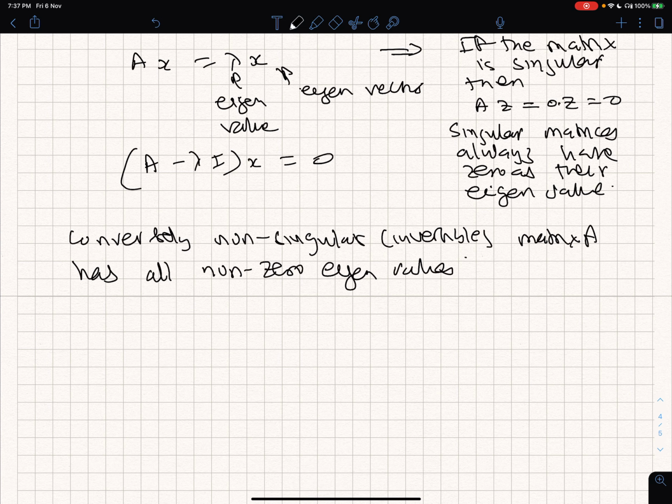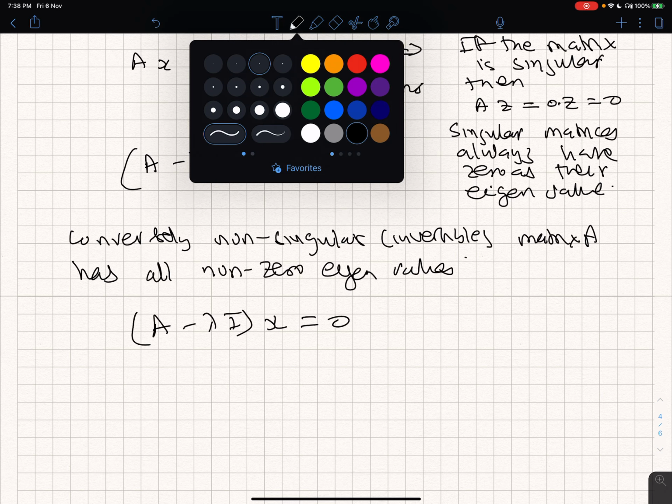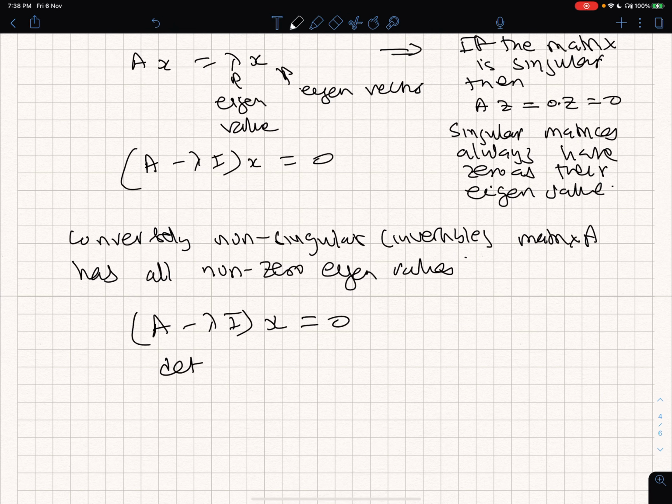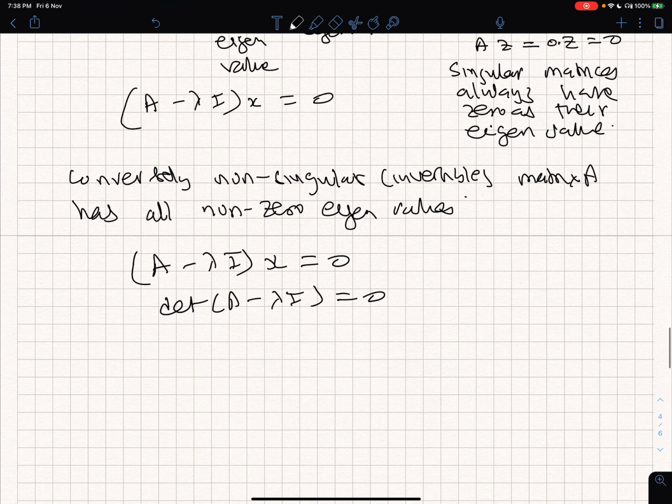Now, if (A minus lambda I) times x is equal to 0, then it essentially means that the determinant of A minus lambda I also should be equal to 0.